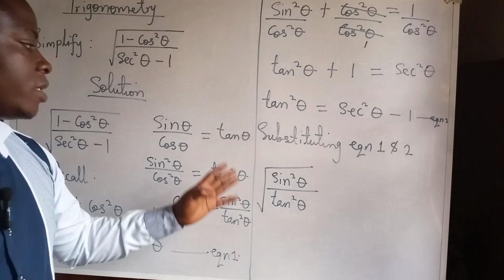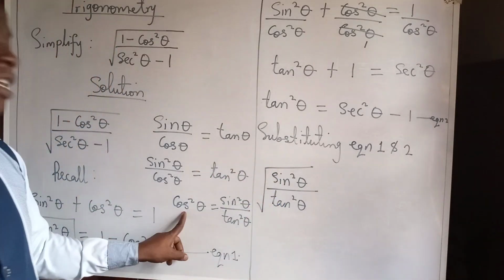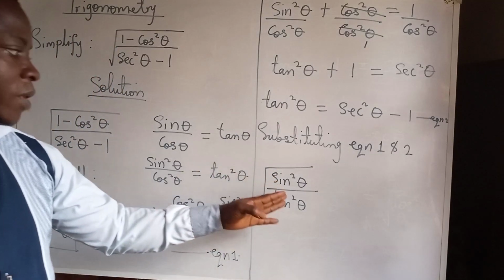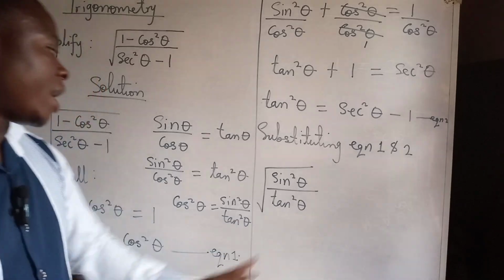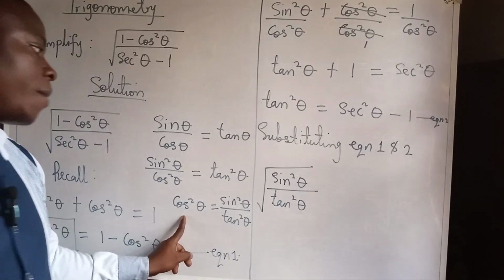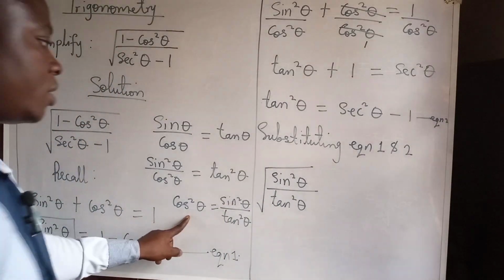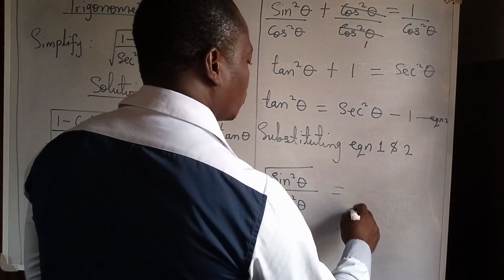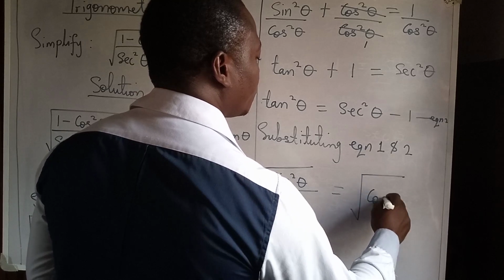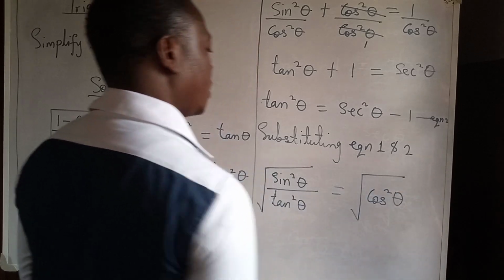So sine squared theta over tan squared theta is equal to cos squared theta. So I can replace the whole of this with cos squared theta. So that will be equal to the square root of cos squared theta.